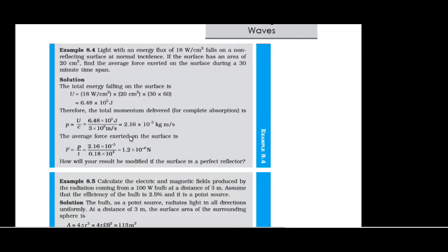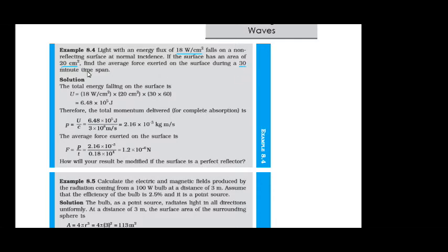Okay, example 8.4. Light with an energy flux of 18 watt per centimeter square falls on a non-reflecting surface at normal incidence. If the surface has an area 20 centimeters square, find the average force exerted on the surface during the 30-minute time span.